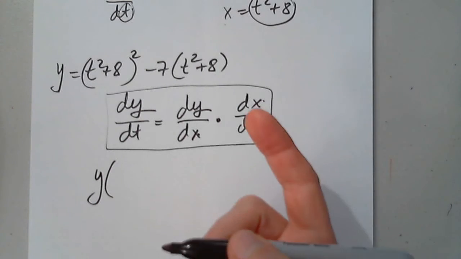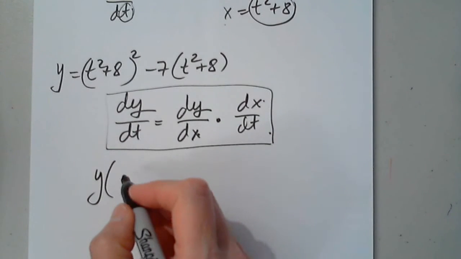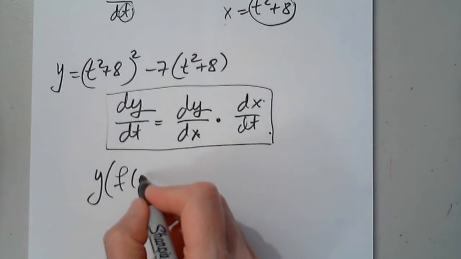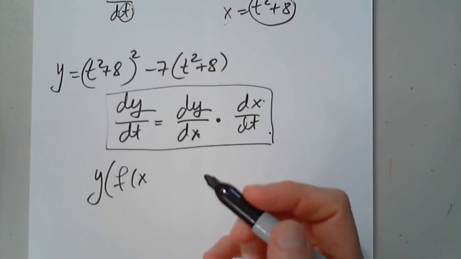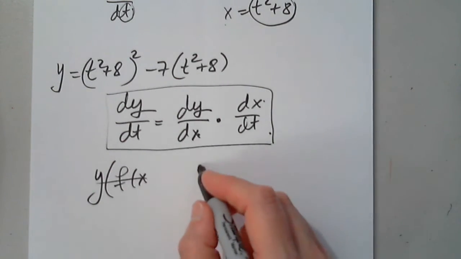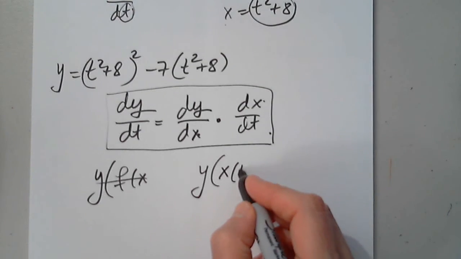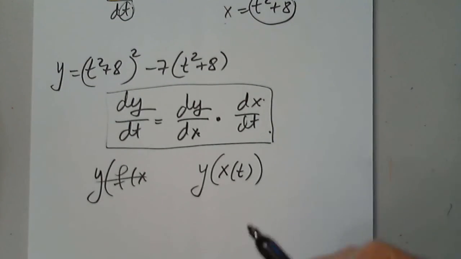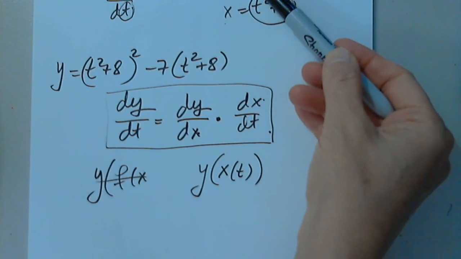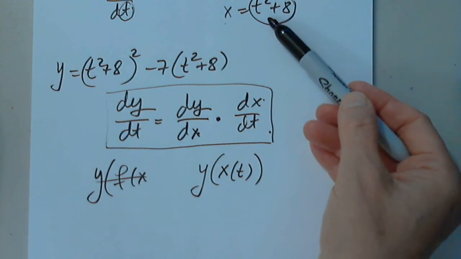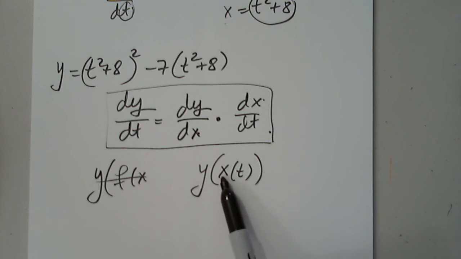So y is a function of x. So let me write it better like this. Y is a function of x that is a function of t. So y is a function of x, and x is a function of t.